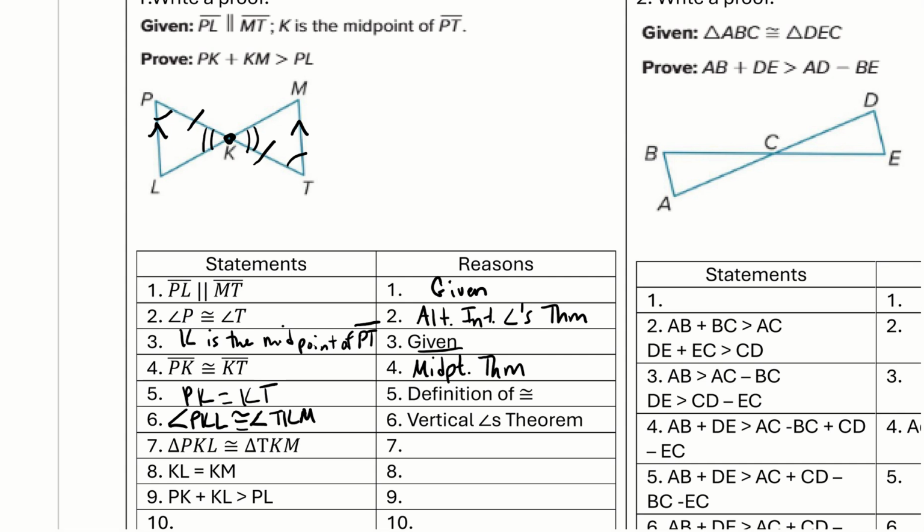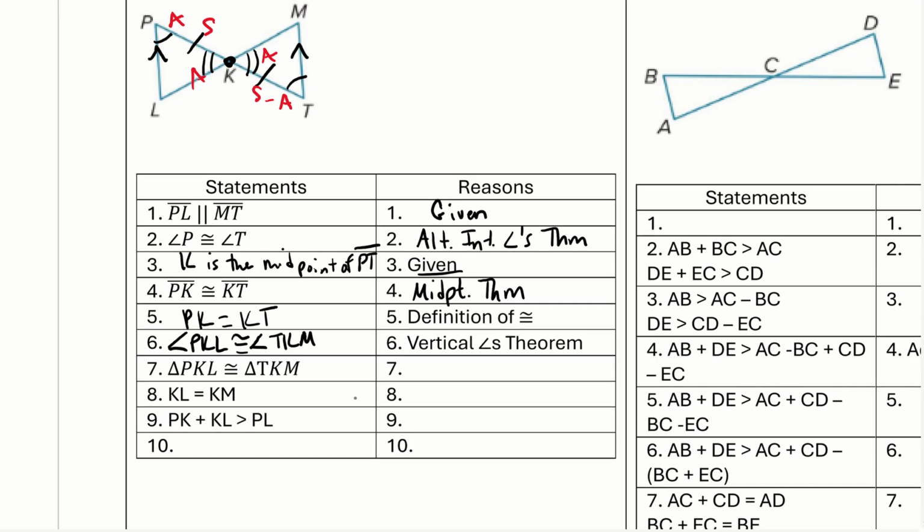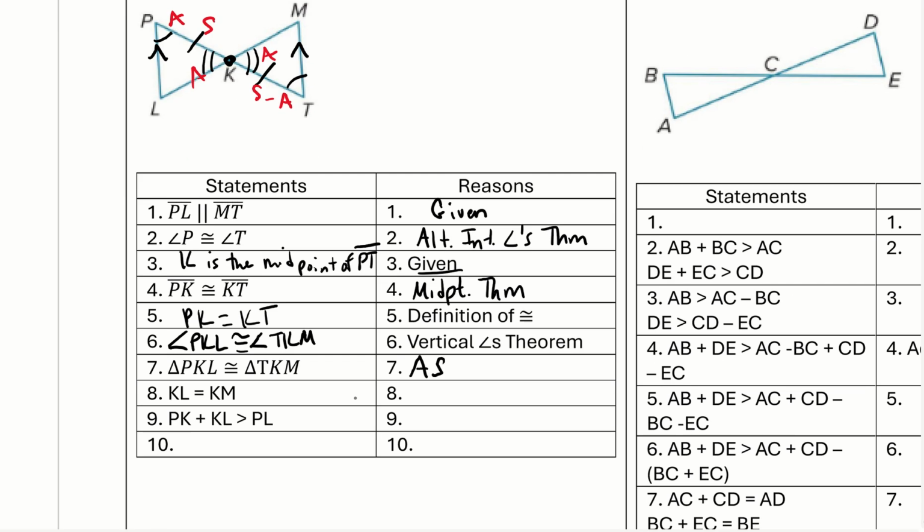All right, so here we got angle, side, angle. And so those two triangles must be congruent, right? So they must be congruent by angle, side, angle congruence.